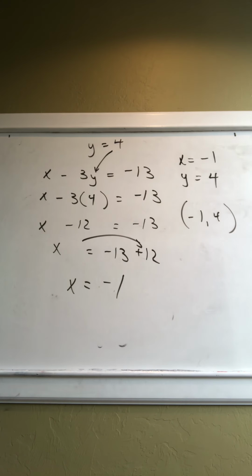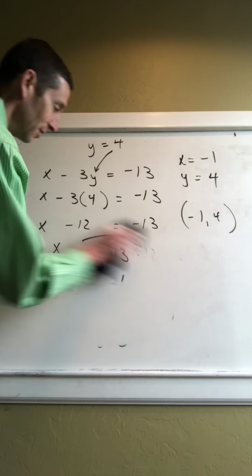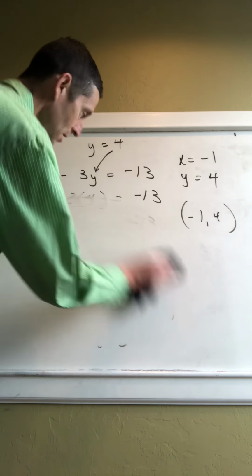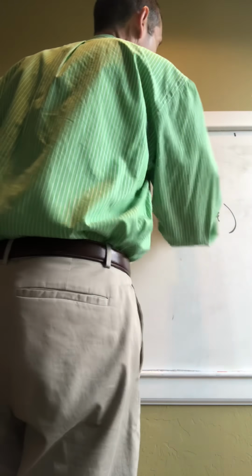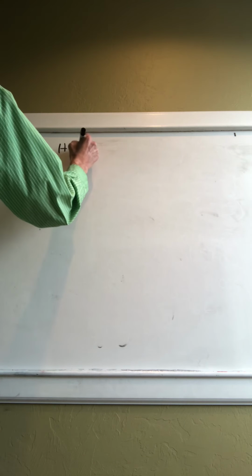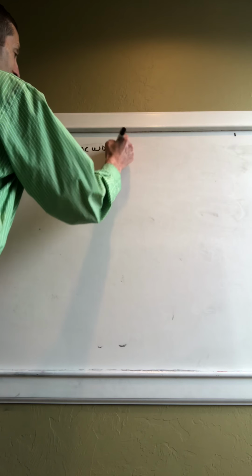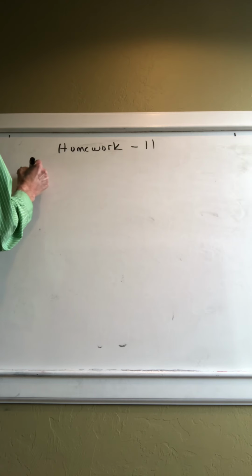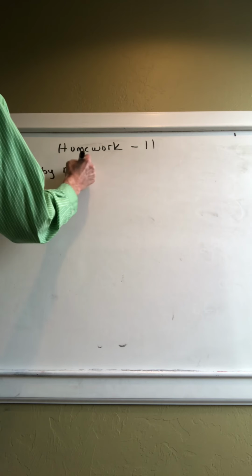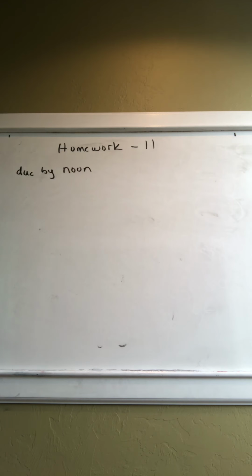So homework 11, solve by substitution. All right, let's get it all out in front of us right here. So here we go. This is homework 11, and this is due by noon.